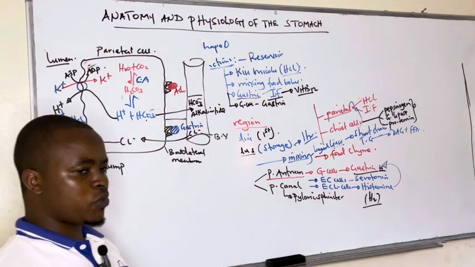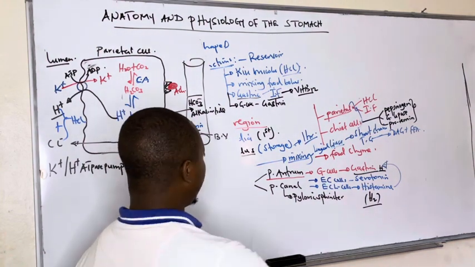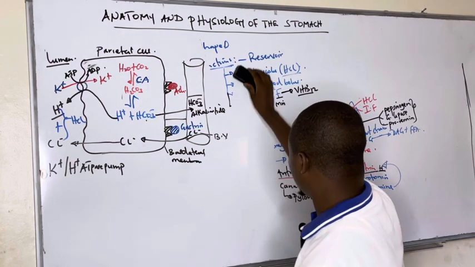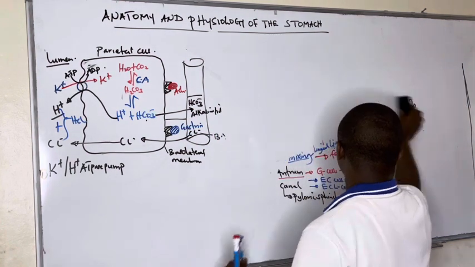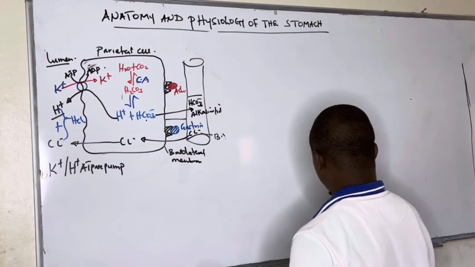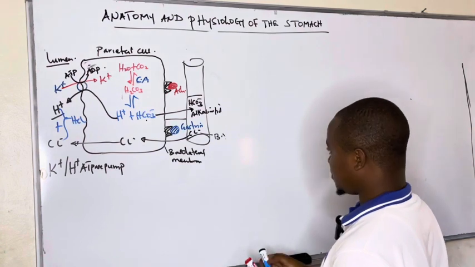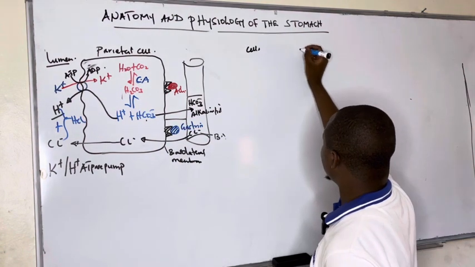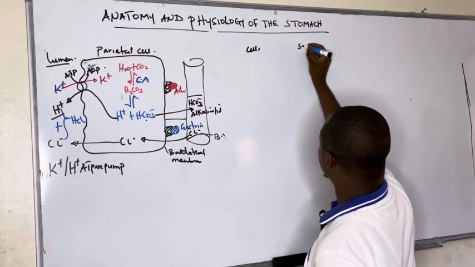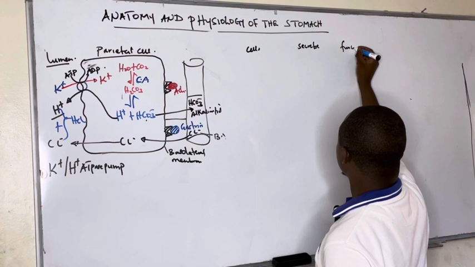So in summary, as we conclude the physiology, we are going to look at different cells found in the mucosa lining of the stomach and their functions. So we are going to have cells, then what they secrete, and the function.